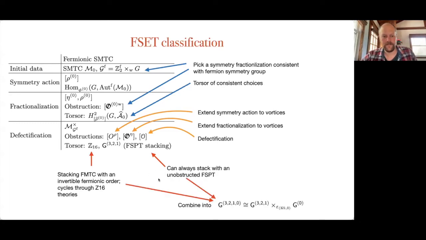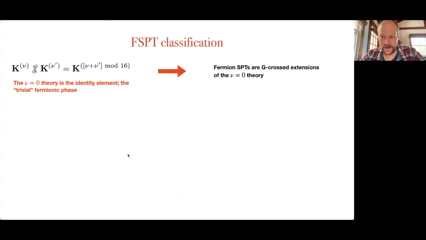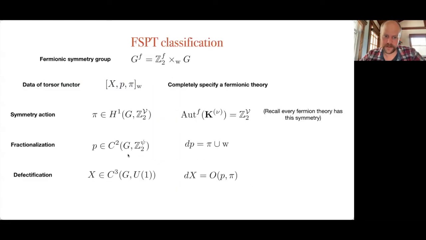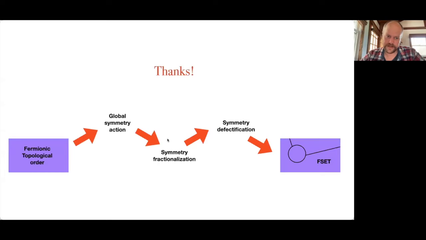And I'll just mention that the Z16 and the set of fermion SPTs can be combined into a larger group, and those will cycle you through all possible fermionic defect theories. All right, and I'll skip these slides and just say thanks. Sorry, I ran out of time.